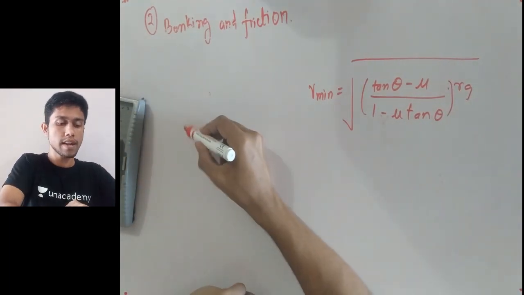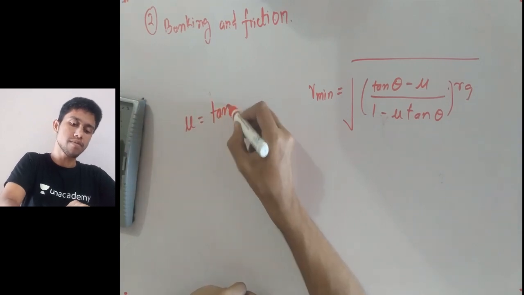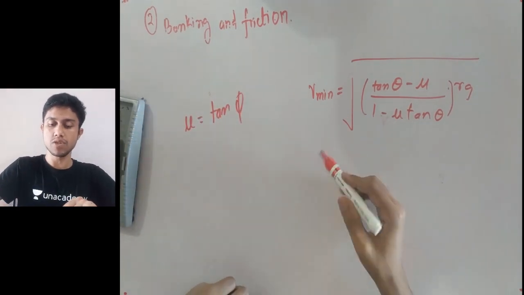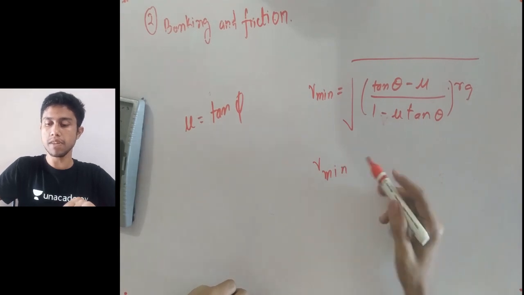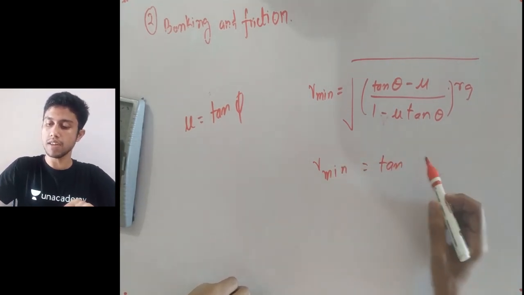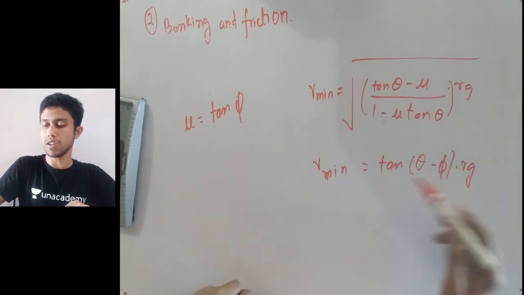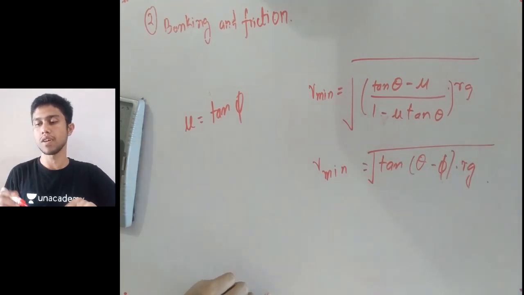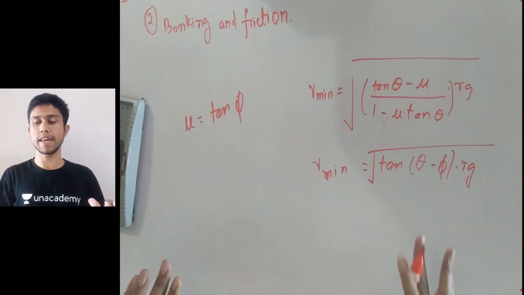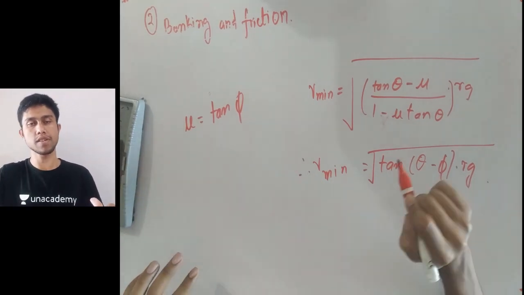I suppose that mu is tan phi. Okay, so my expression will be v minimum is equals to root of tan of theta minus phi, into rg. Okay, so this is the simplified expression.